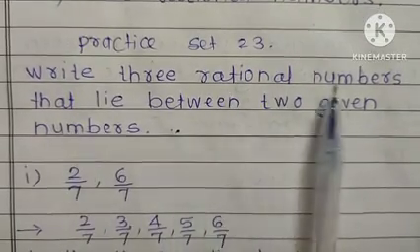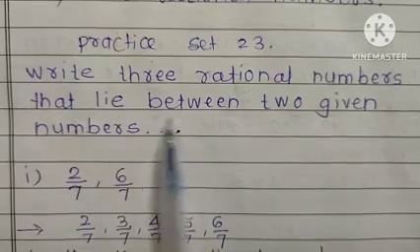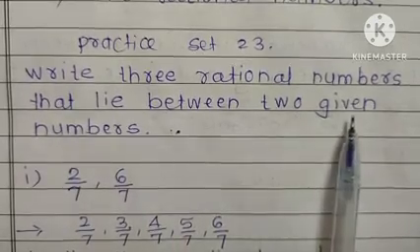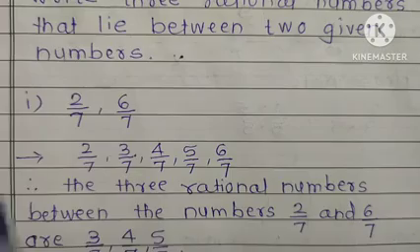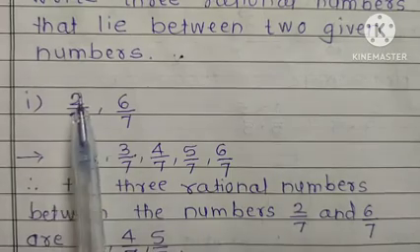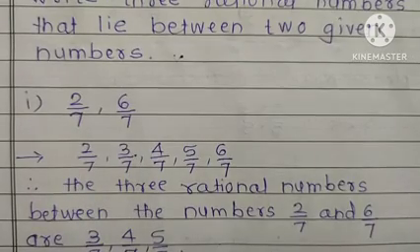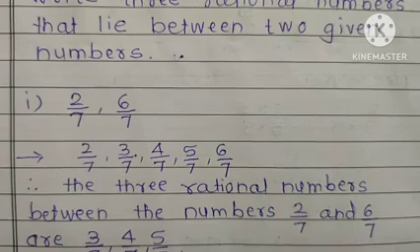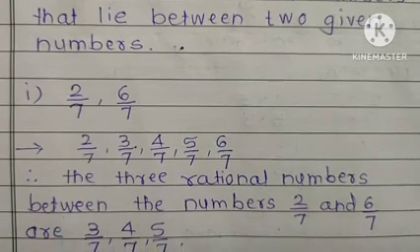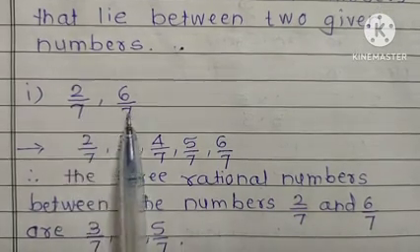Write three rational numbers that lie between two given numbers. So, question 1, 2 by 7 and 6 by 7. These are the two numbers. Friends, here we use the technique that the denominator should be the same.